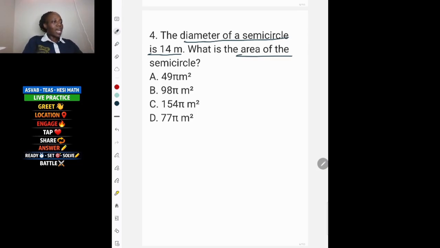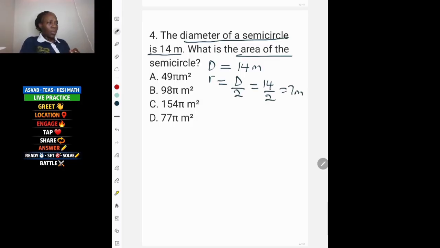So diameter, I will quickly write it as D. D is 14 meters. Then what will I do here? Let's find the radius. D over 2 will be radius, and that will be 14 divided by 2, and that's 7 meters. That's the radius, right?